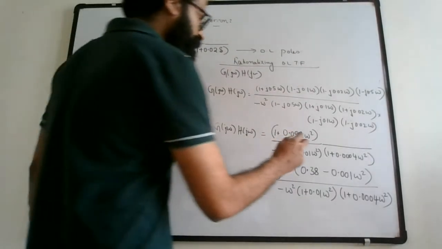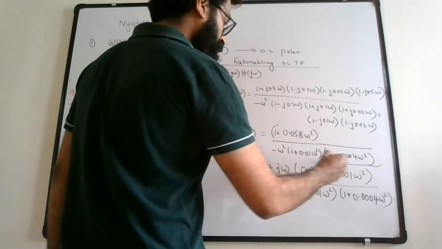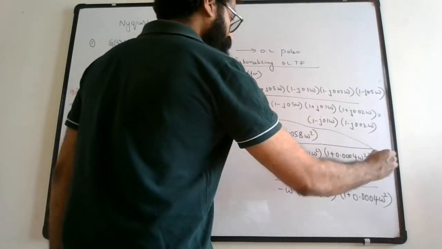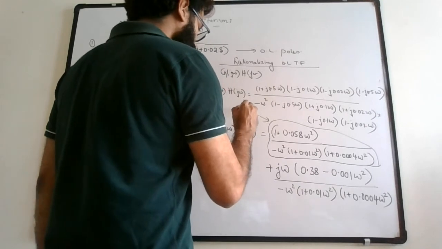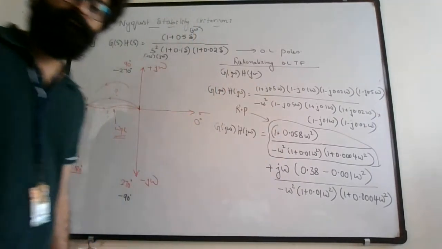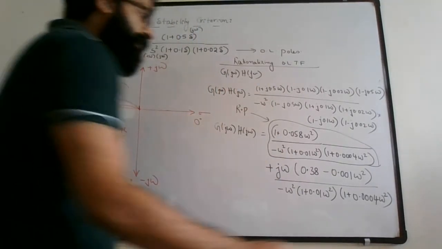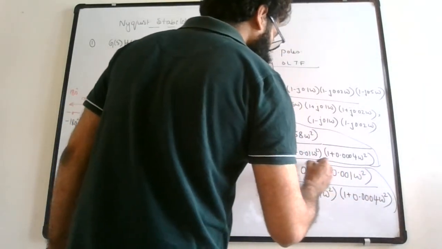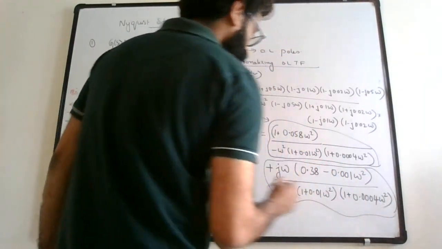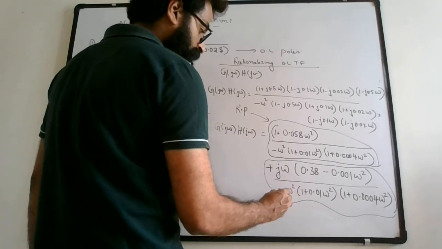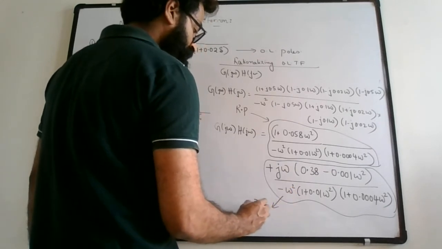So the first part is independent of j, that is this part. This part is the real part, which will help you in finding out the gain margin. And the second part is associated with the j term, so it is your imaginary part.